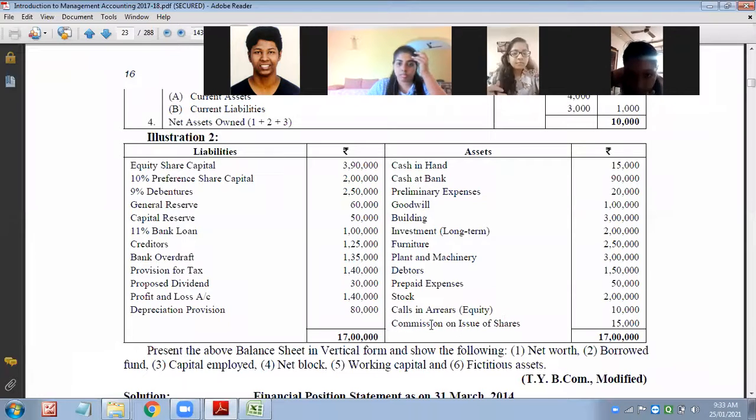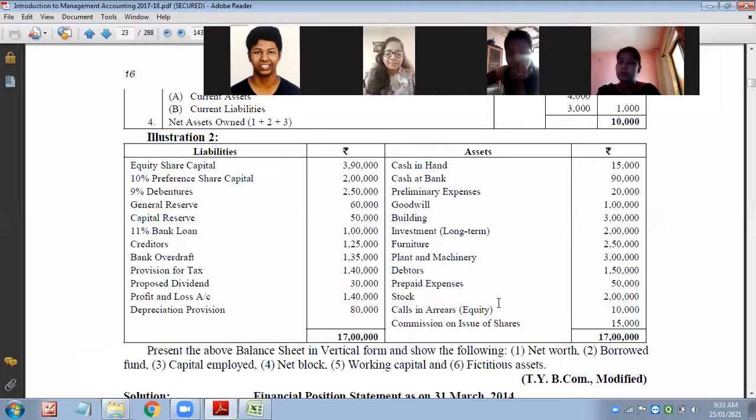They are basically expenses which have been incurred. So as these are showing debit balances and to be written off over a period of time, that is why they are reflected on the asset side. Okay. That is why it is known as fictitious asset, not real asset. Okay.